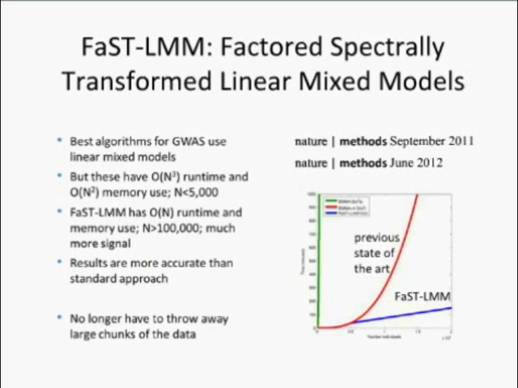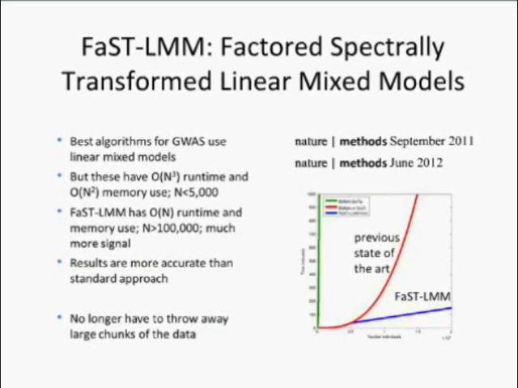Usually when you're clever enough to speed up an algorithm, you introduce some sort of approximation, or you sacrifice accuracy somehow. In this case, it was the opposite. By running faster, we were also able to run more accurately. We published this work in Nature Methods in 2 different publications. This is joint work with Jennifer Listgarten and Christoph Lippert.